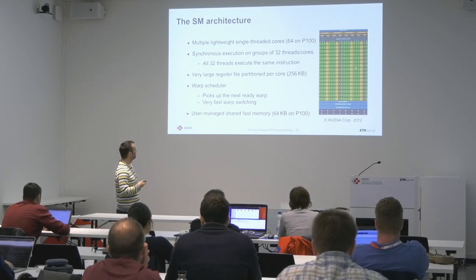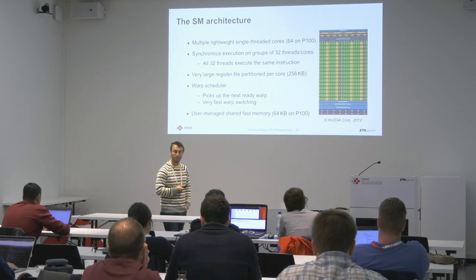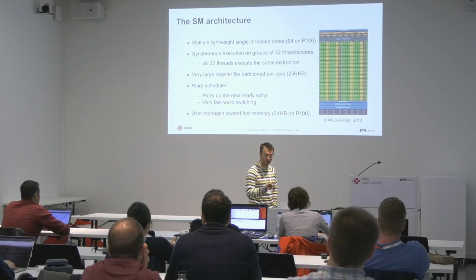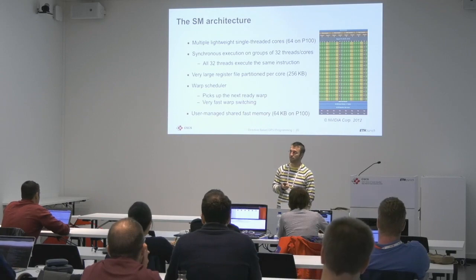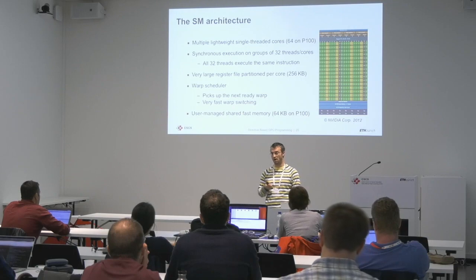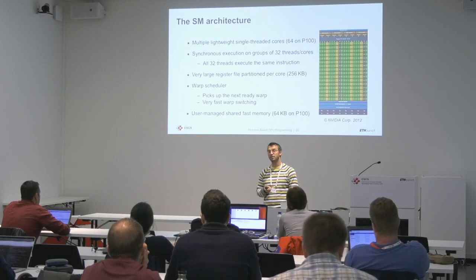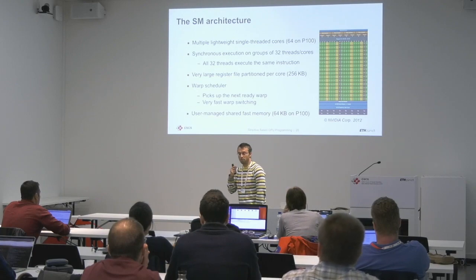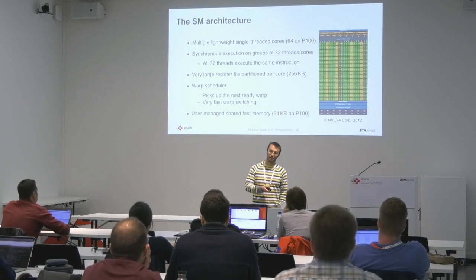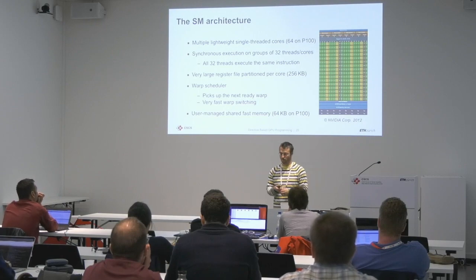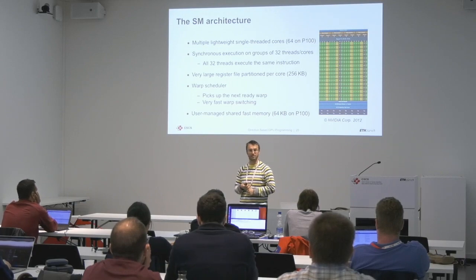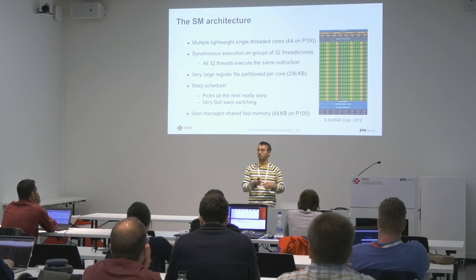Now, each of these SMs has a very, very large register file. Does anybody know how large is a register file on a CPU? How many registers do you have on a CPU? Even if you include all the different vector registers and stuff, I don't think you have more than 64 registers or a bit more.